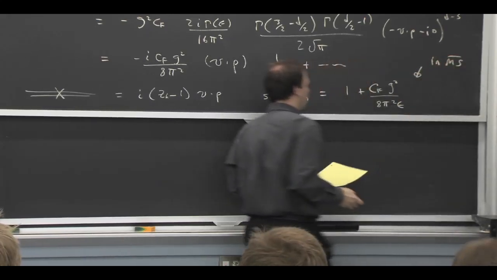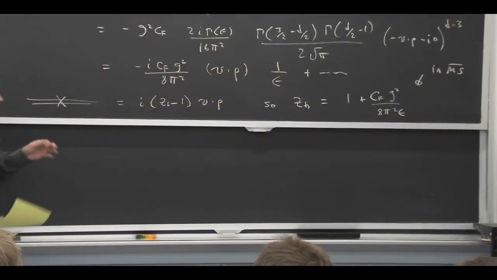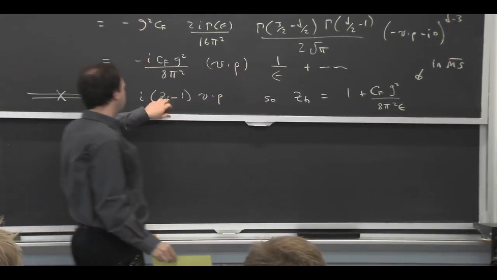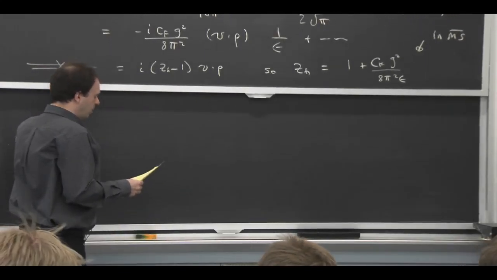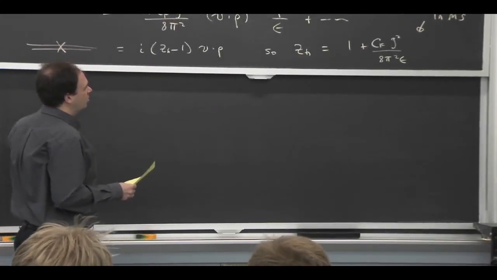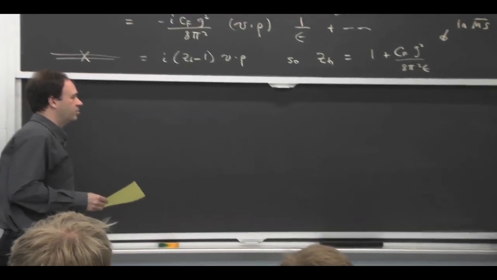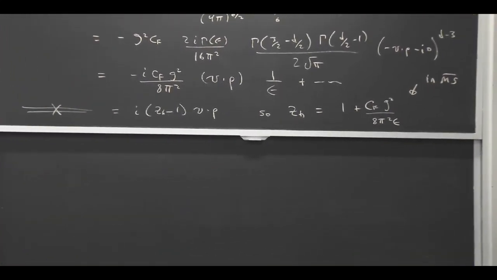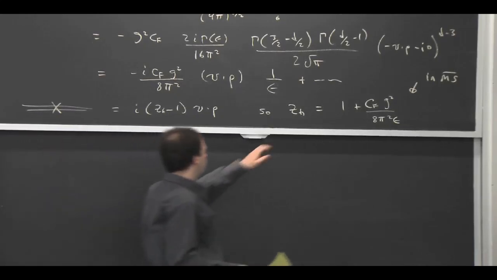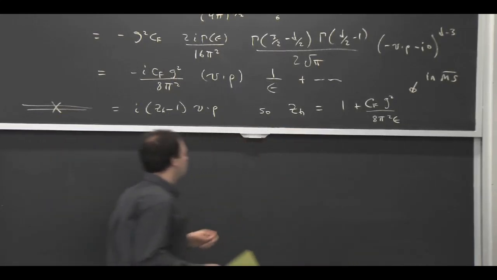So if we did that in MS bar, then the Z_h would be just this. And that would be the appropriate counter term to kill off the 1 over epsilon divergence. I'm going to carry out the calculation today, or this discussion of matching in MS bar for everything. And I'll show you that there's a slight complication that shows up in that case. But we said that we could do matching.